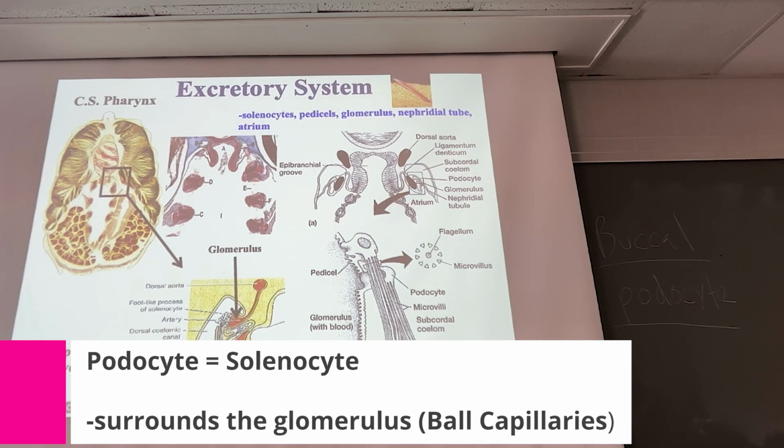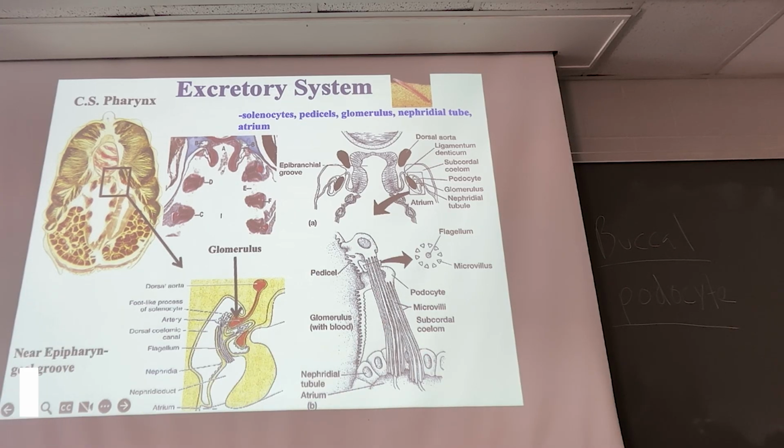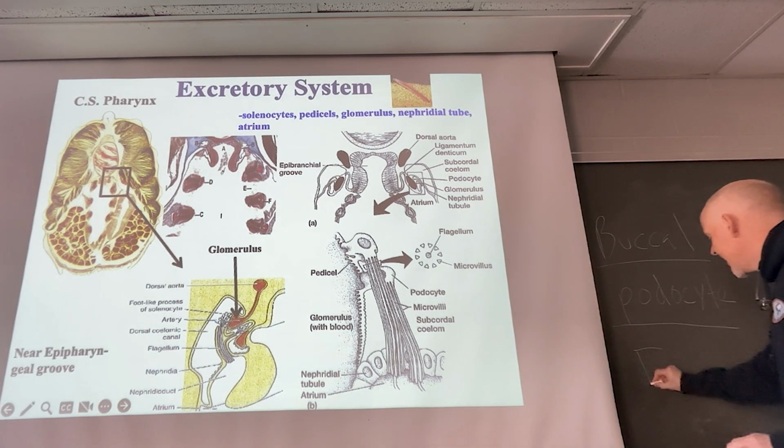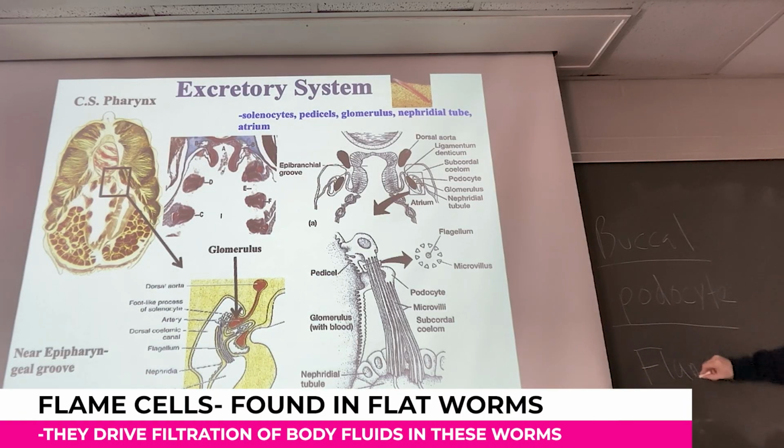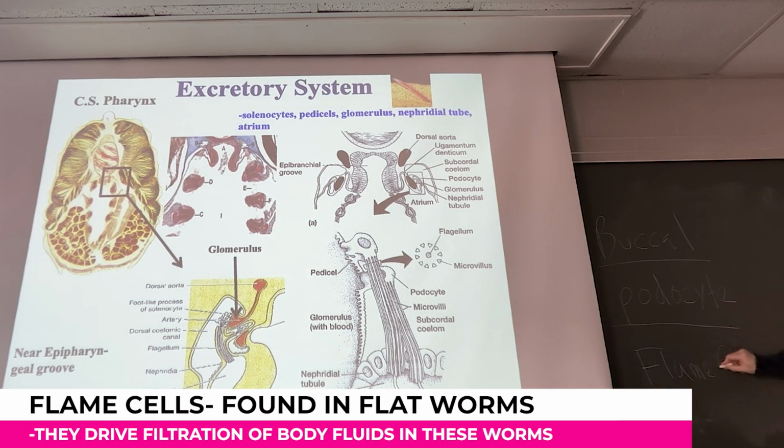Soleno means tube or tubular, cylinder, so tubular cell. And this is what the cell looks like. It is basically a combination of a podocyte and a cell that you would see in Platyhelminthes that's called a flame cell. It's called a flame cell in their excretory system. So flame cells are found, for example, in flatworms.